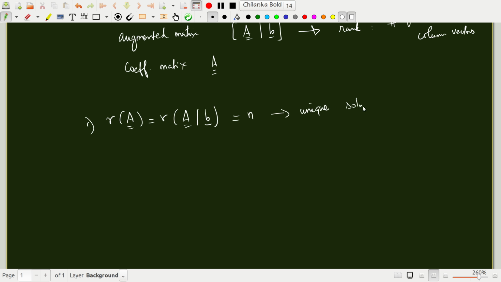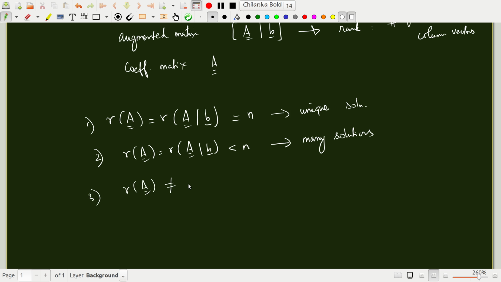All this means is that you are able to expand the given vector B in terms of the column vectors of A. If R of A is equal to R of AB but less than n, then you have many solutions. If R of A is not equal to R of AB, then you have no solution. This is the case of an inconsistent system.